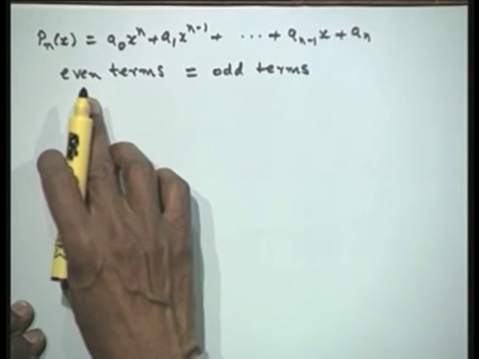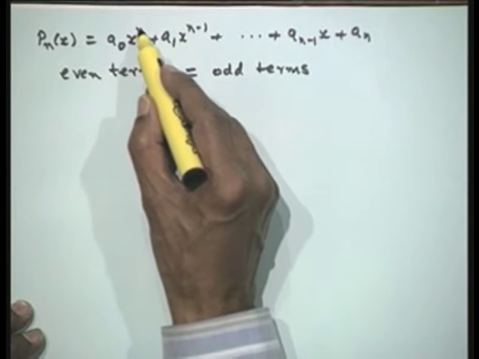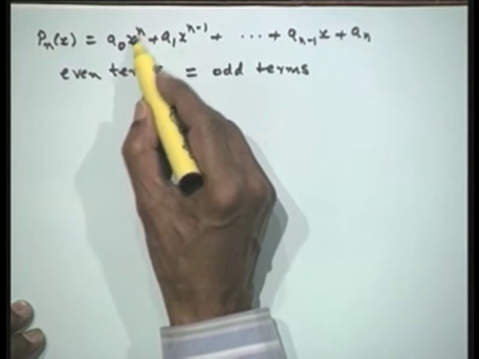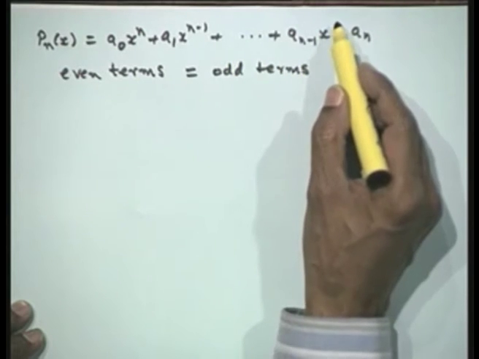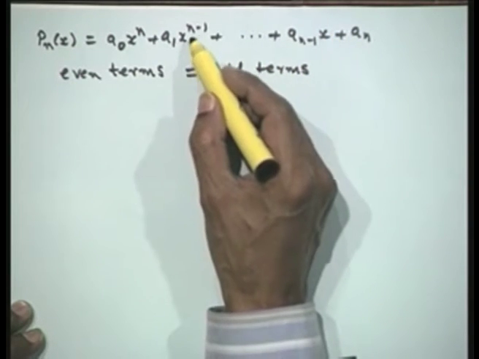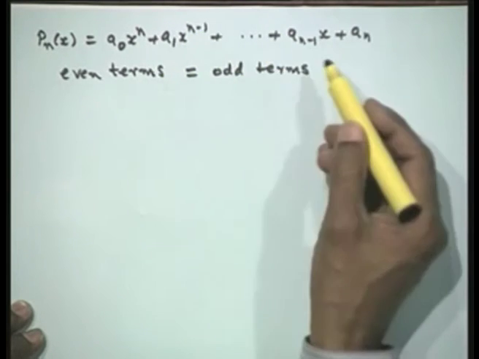Alternatively, we can keep odd terms on the left and even terms on the right, starting with the first one. Let us say n is even, then x to the power of n, x to the power of n minus 2, x to the power of n minus 4 will all be on one side, and x to the power of n minus 1, x to the power of n minus 3 will all be odd, so they go to the other side.